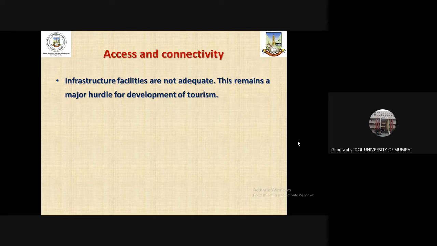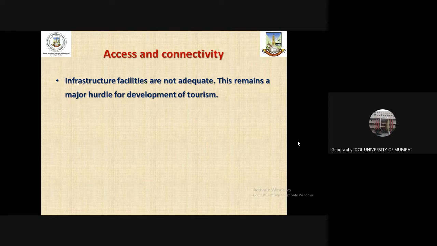Most of the natural attractions and also cultural attractions in India are located in remote areas where proper infrastructure and transportation facilities are not available, and although they are available, they are inadequate, and therefore it remains a major hurdle in the development of tourism.